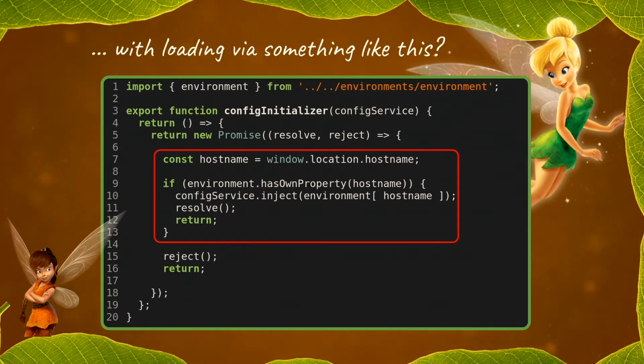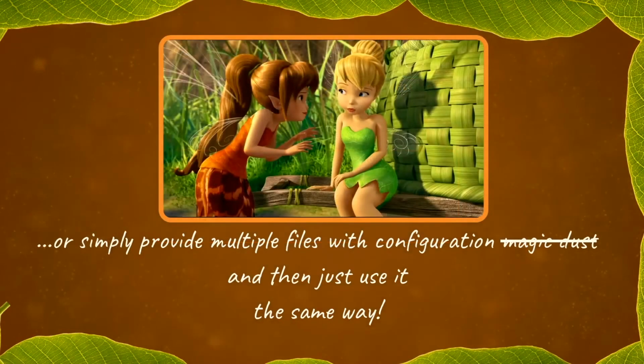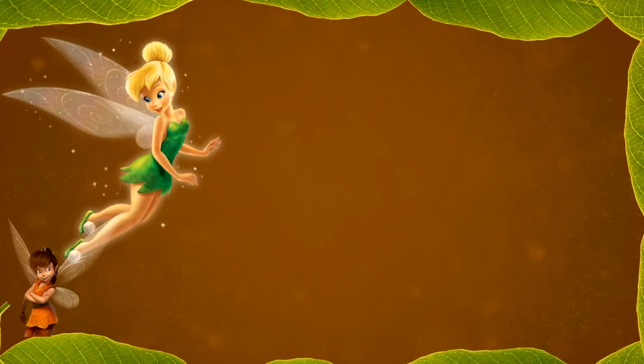He mentioned it already today, the app initializer. So you just take the host name, and with the host name take the proper configuration and initialize the app with this configuration. Or, Faun said again, simply provide multiple files with configuration and then use it in the same way, said Tinkerbell.